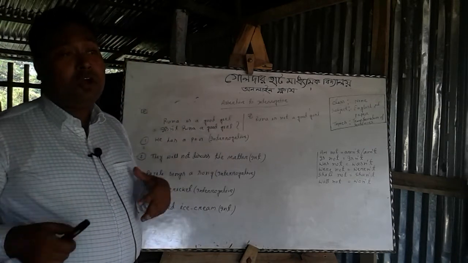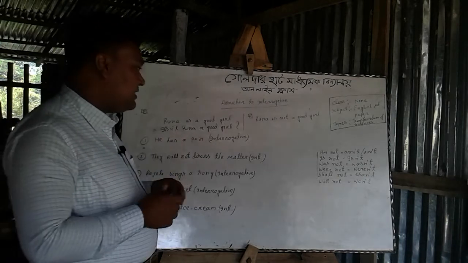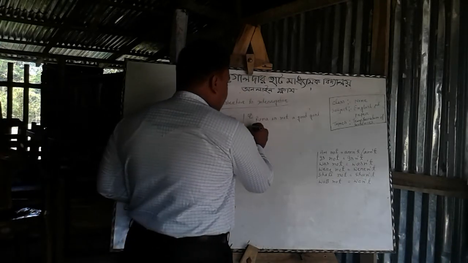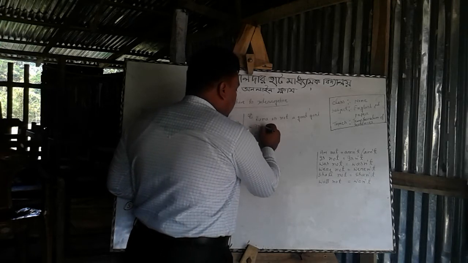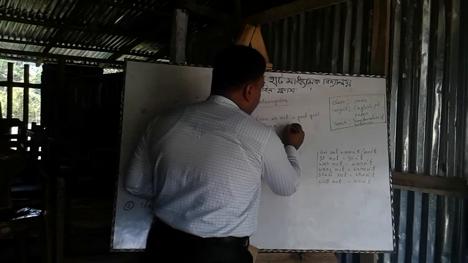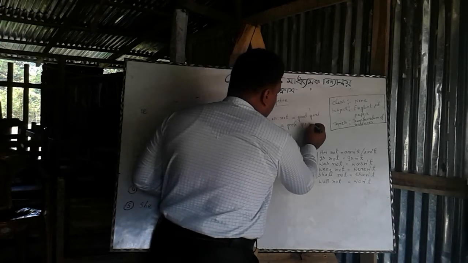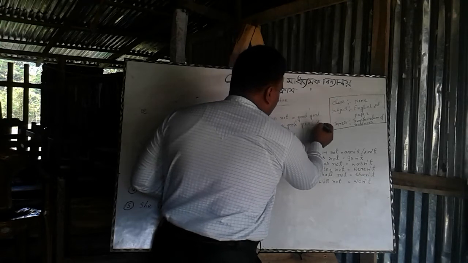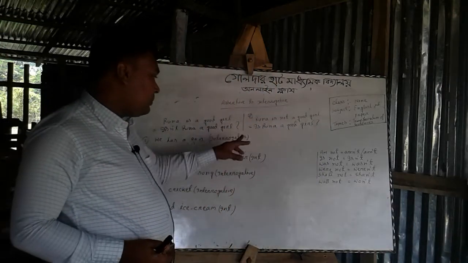Here not will not be used in this kind of sentence. So its interrogative will be: Is Runa a good girl? And we have to put a question mark at the end of the sentence.